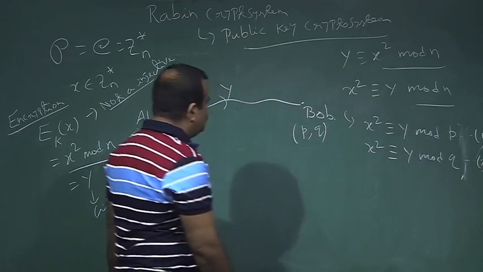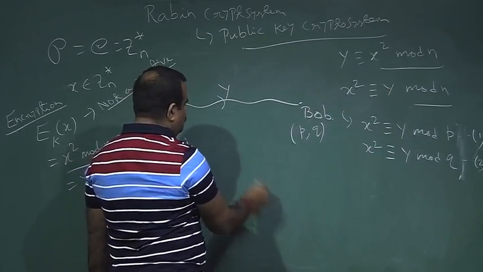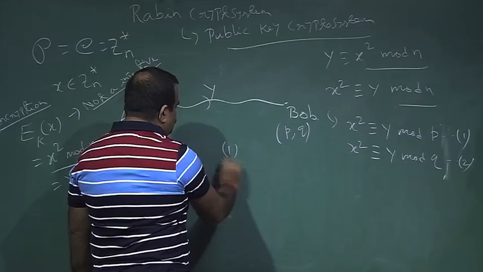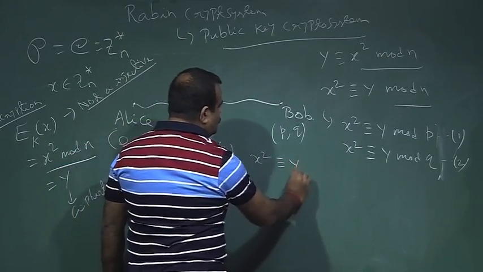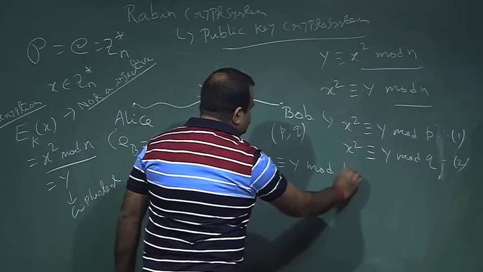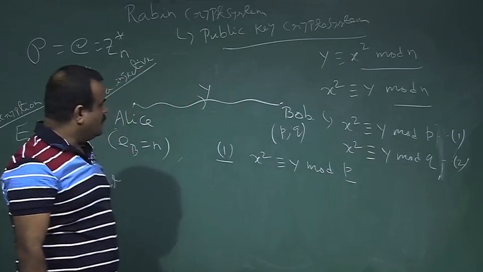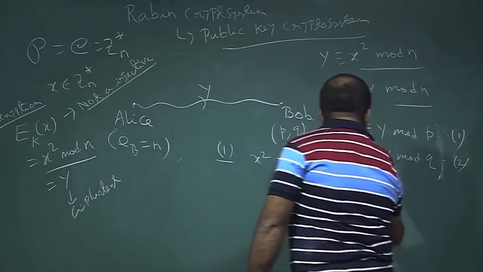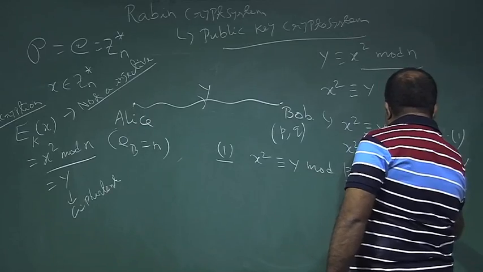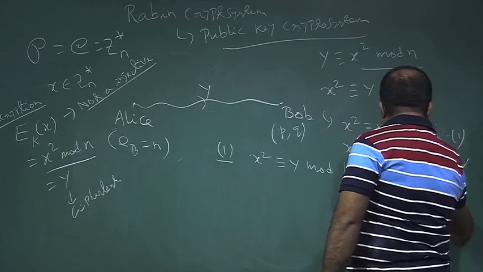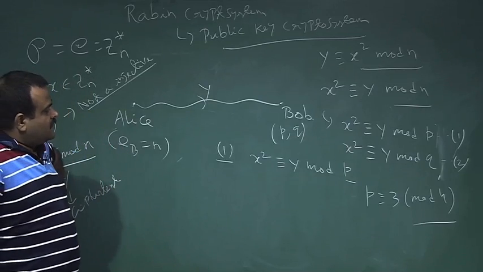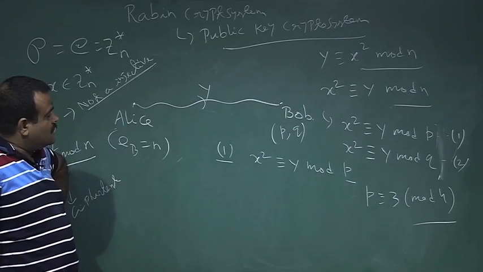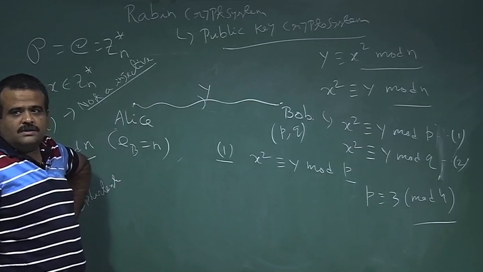So, this is the decryption process Bob is doing. Let us deal with equation 1. From equation 1, x square is congruent to y mod p. Here we assume p is 3 mod 4 in order to get the solution for these equations.